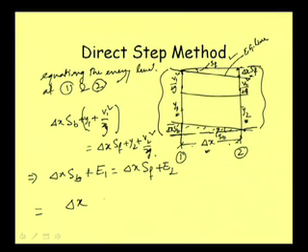Now, we can write delta x is equal to E2 minus E1 divided by SB minus SF.